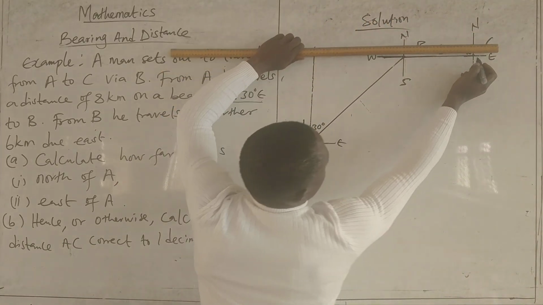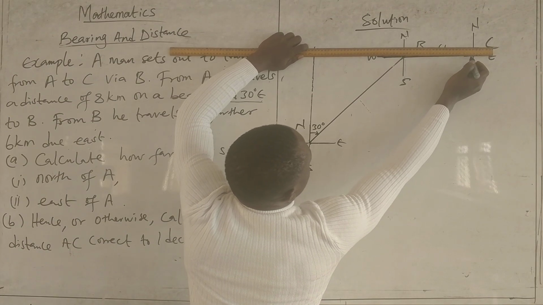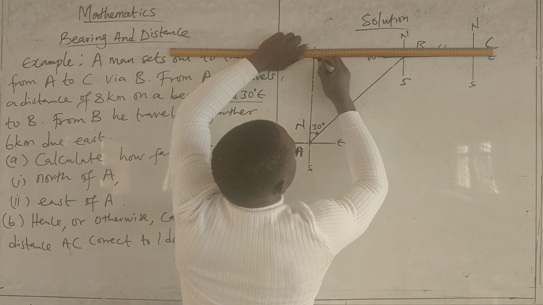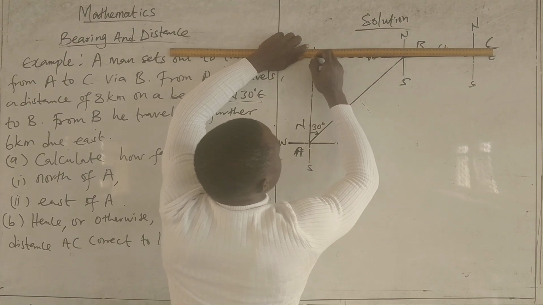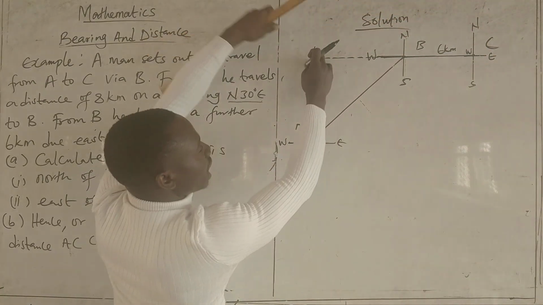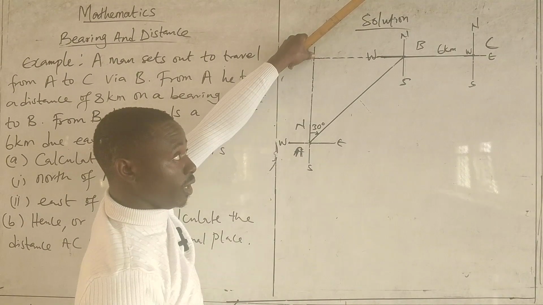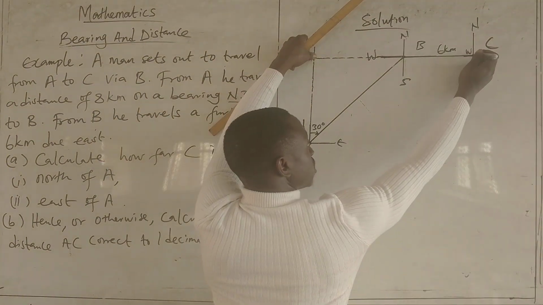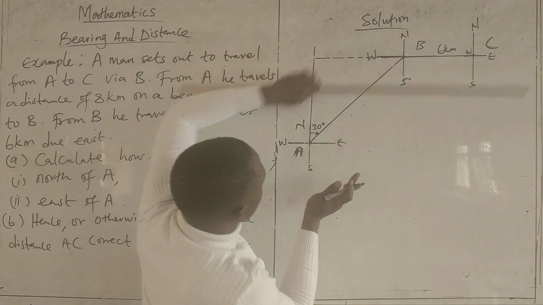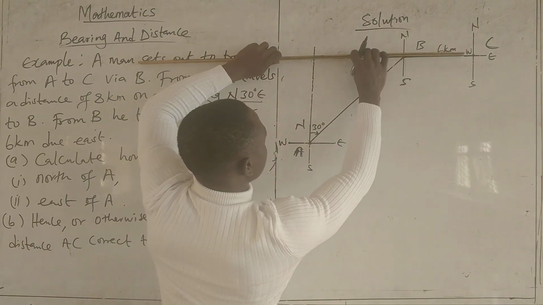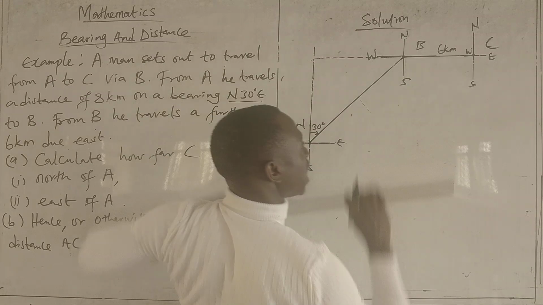So since C is here, this line here, you can produce it here. So from here upward now, that's how far C has traveled north of A. You can see here now, this is where it is. So I trace it here. So from here upward, that's how far north he has traveled.